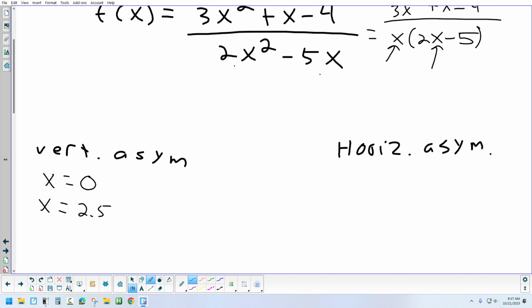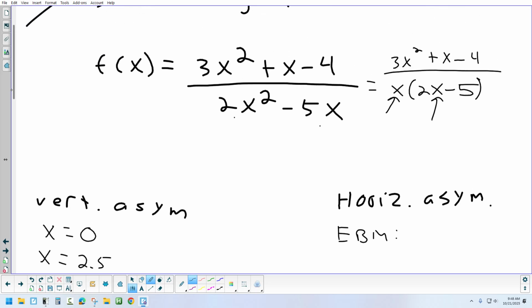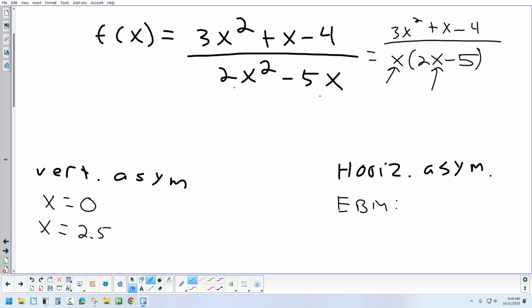For the horizontal, what do we find first that makes the horizontal easier? Yep, find the EBM. What's the highest degree term in the top, and the highest degree term in the bottom? 2x squared.